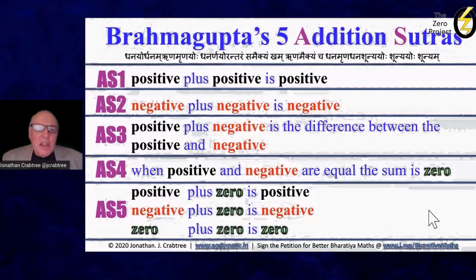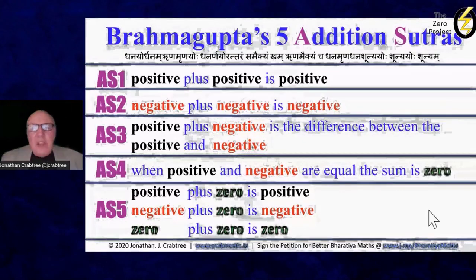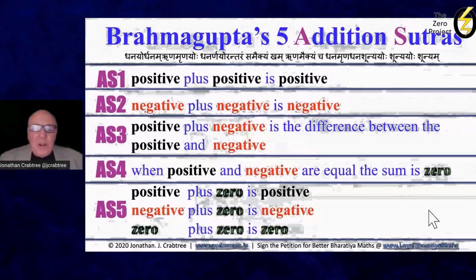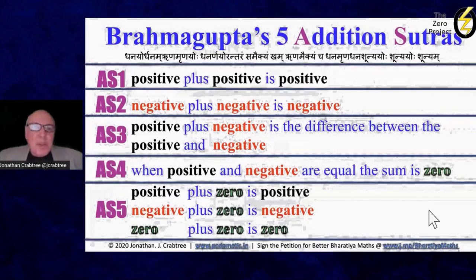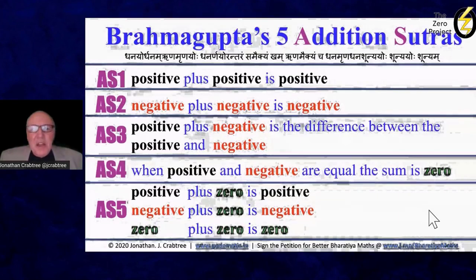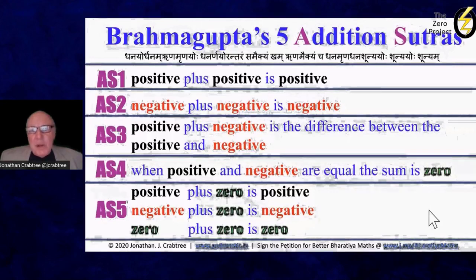And you can see that the addition sutra number 4 is the most important concept, I believe, in the launching of 0 as a number in its own right for the purpose of scientists. And this definition appeared in his chapter 18 of Brahmasphutasiddhanta, which was a chapter on algebra.